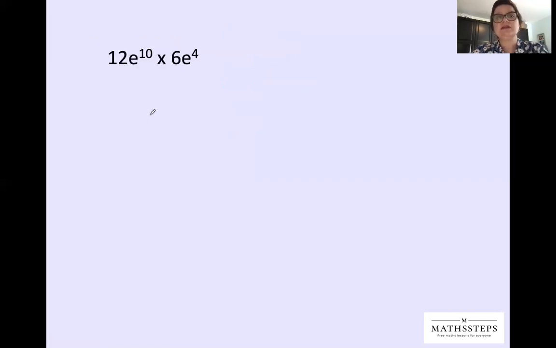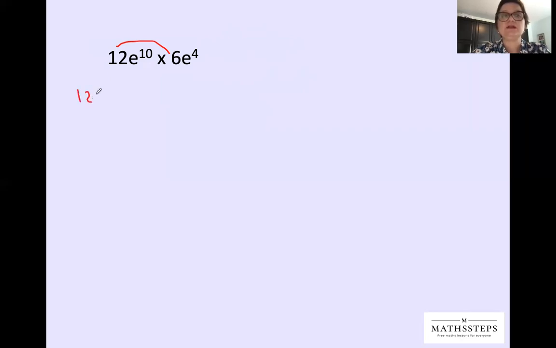Next question. Again, here we have letters and numbers. The rule is multiply the numbers first, or rearrange if you want to. If that makes the work easier, go for that. Or you can do it straight away: multiply numbers by numbers and letters by letters. Let's go for the rearrangement first.